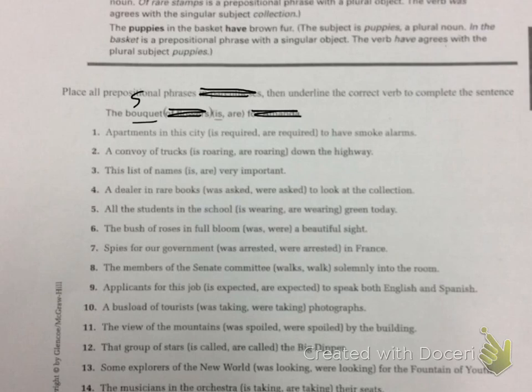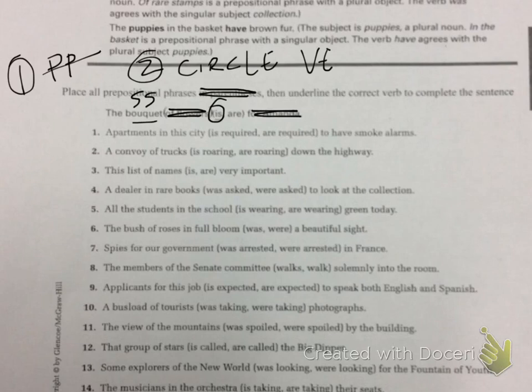So bouquet is a singular subject, so we're going to choose is. Okay, so these directions are two-part. Step 1, get rid of the prepositional phrases. And then step 2, circle the right verb.